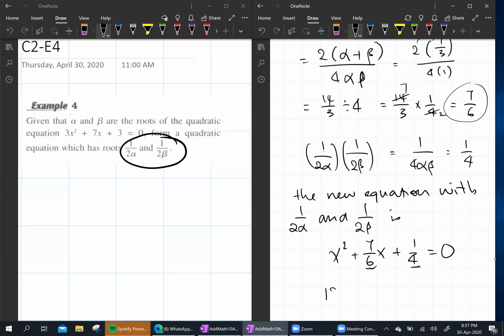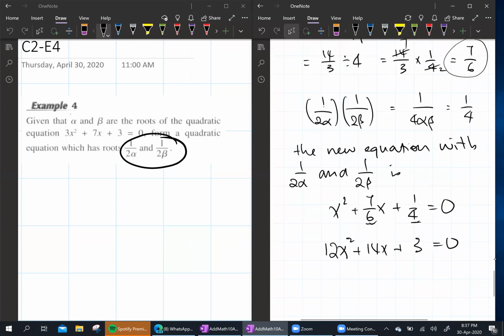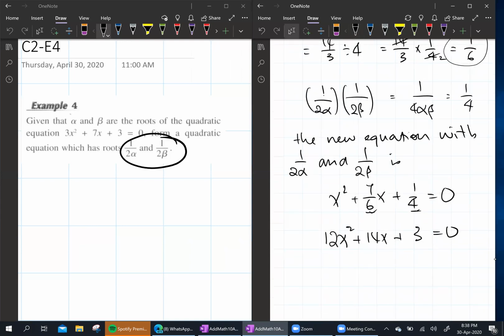So you got x squared plus 7 over 6 x. Okay, 48? You times everything by 12.